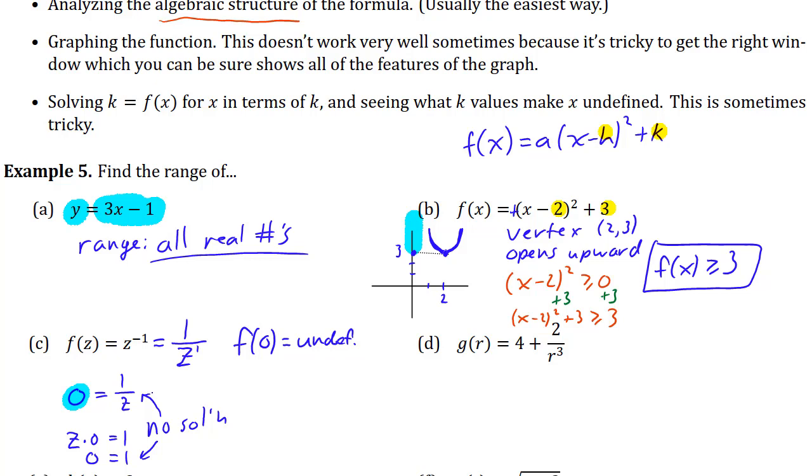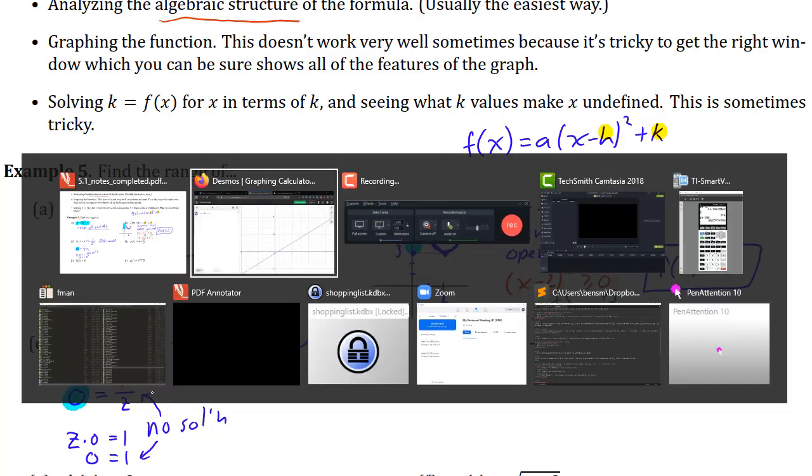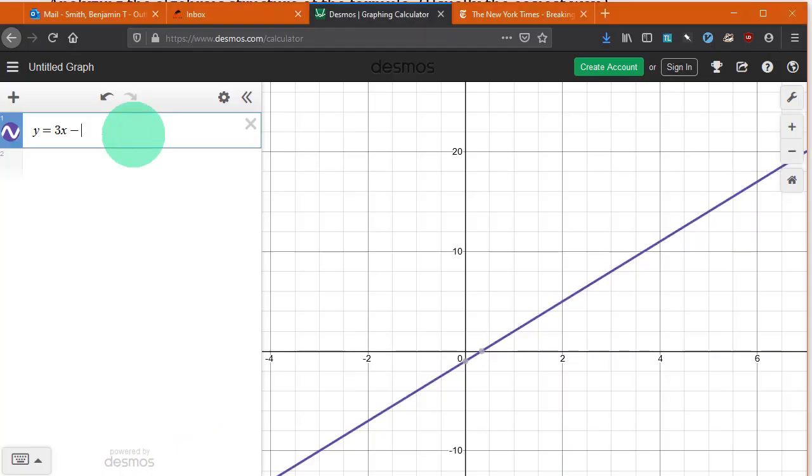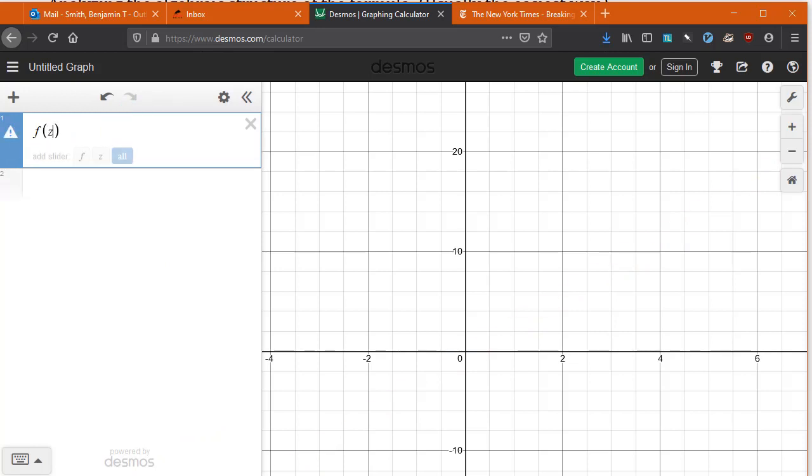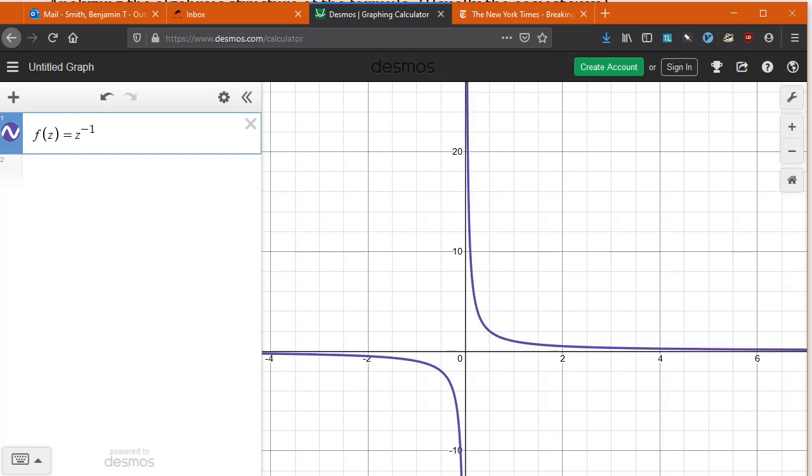All right, so let's see. If you want to see this on a graph, that's a good way to do it. Write this as f of z equals z to the power negative 1. You could also write it as 1 over z, that works too. And you can see here that all of these y coordinates have a point on the graph that goes with them.